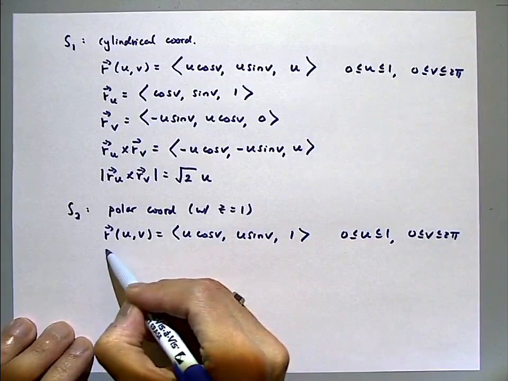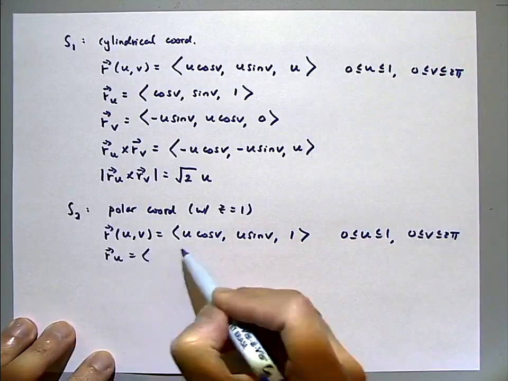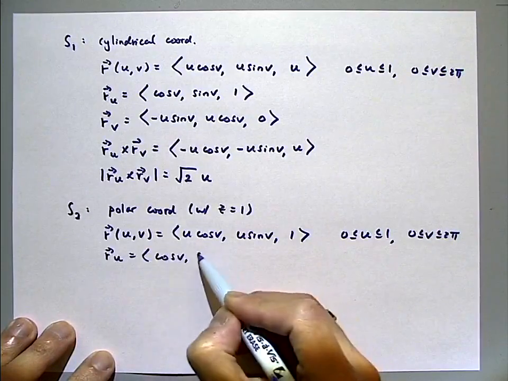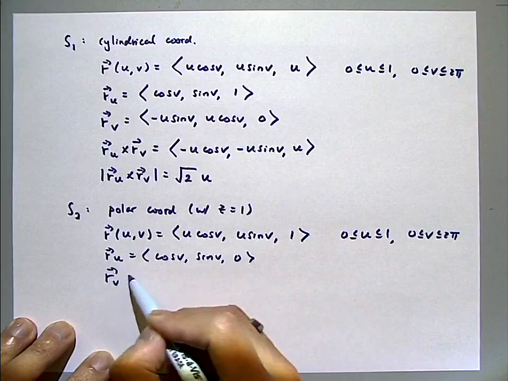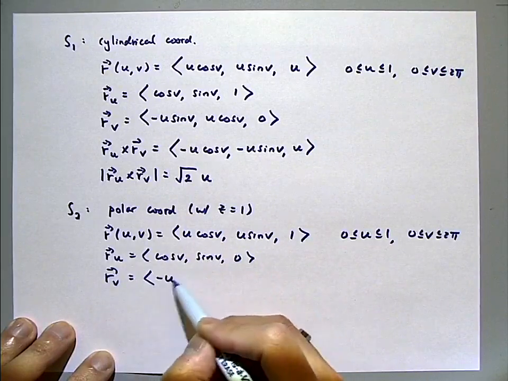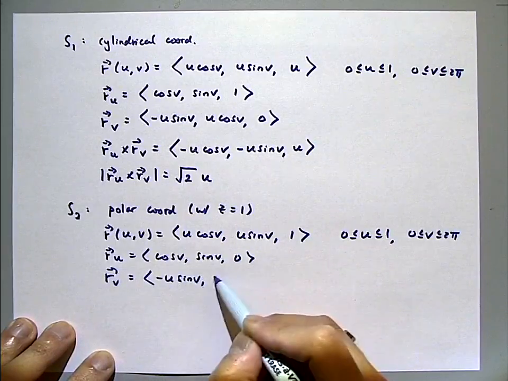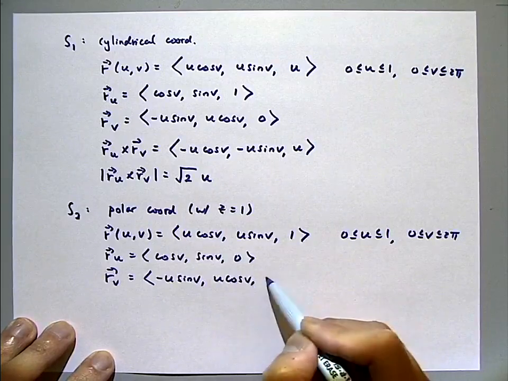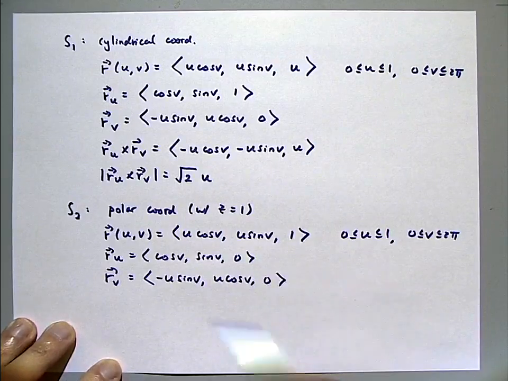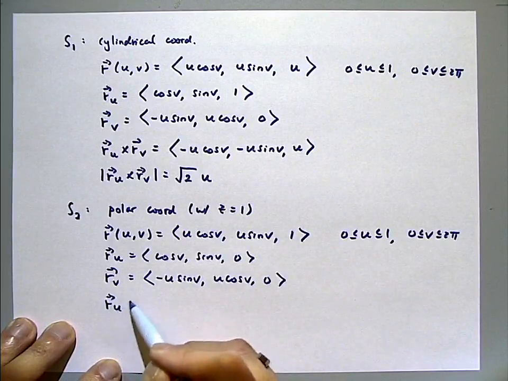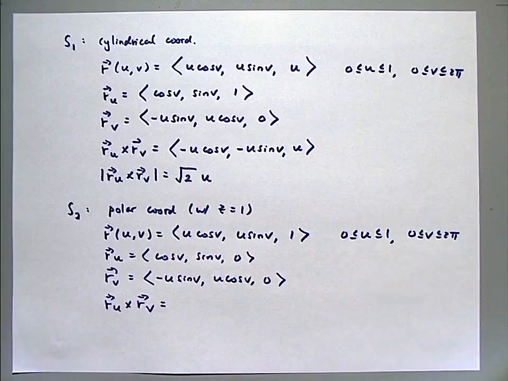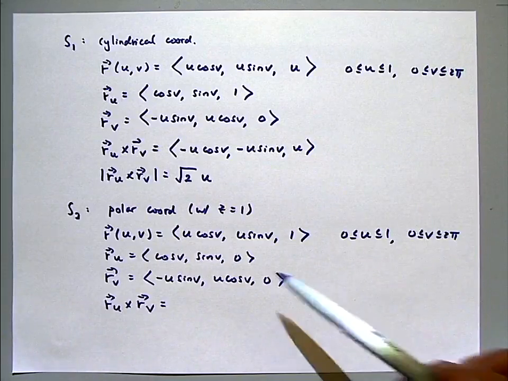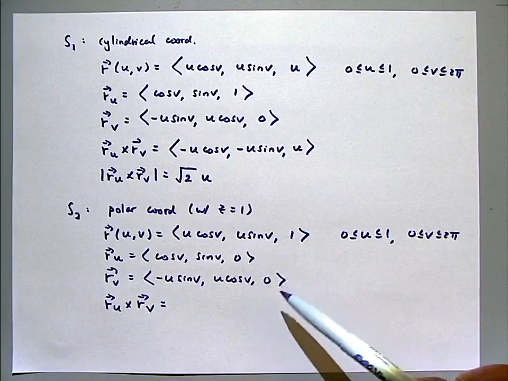Ru is cosine v, sine v, 0. Rv is minus u sine v, u cosine v, 0. And when you cross them, notice that both of the k components are 0.